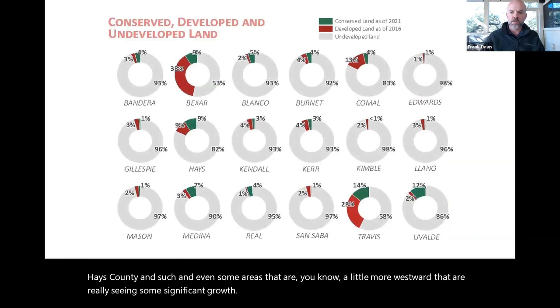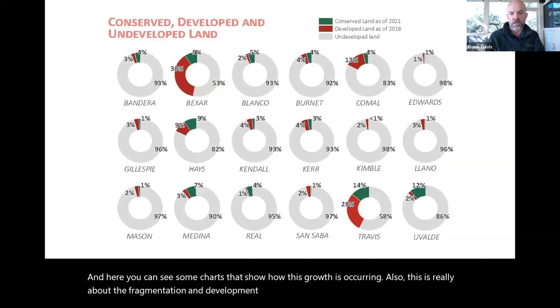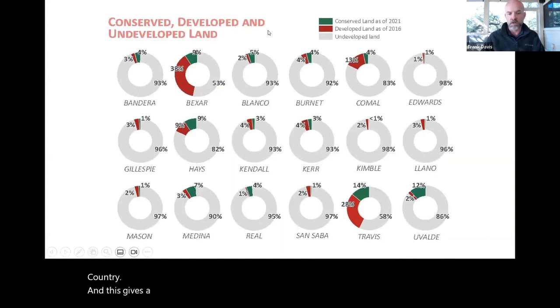And here you can see some charts that show how this growth is occurring also. This is really about the fragmentation and development of rural lands and these natural areas out in the hill country. And this gives a comparison, green being conserved, red areas being developed as of now.